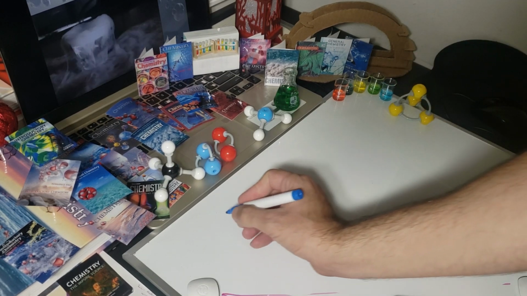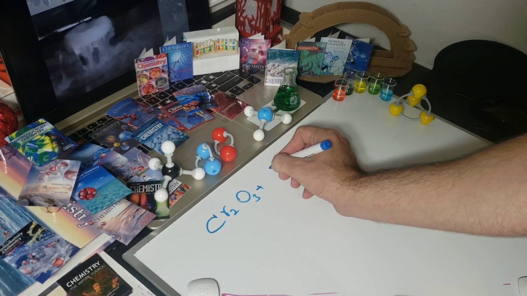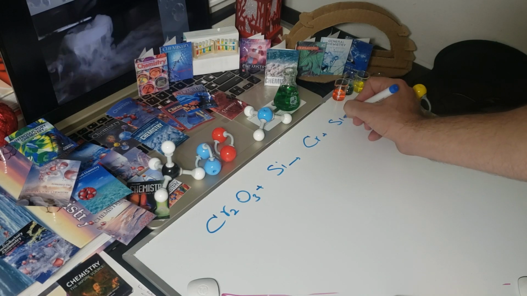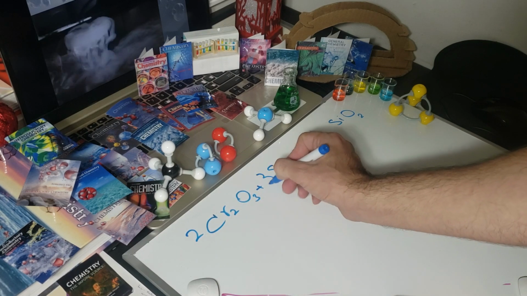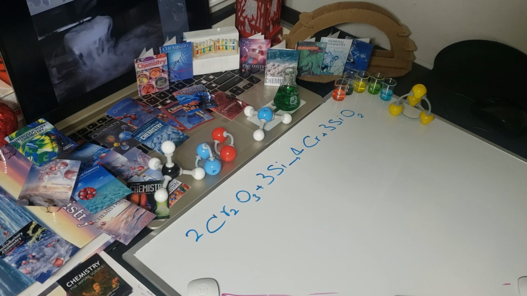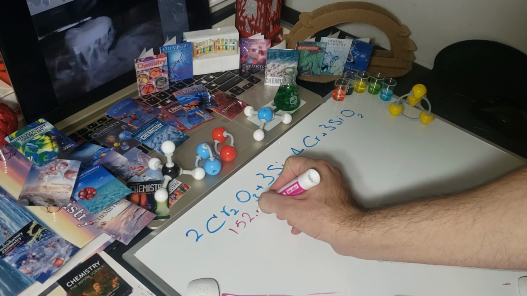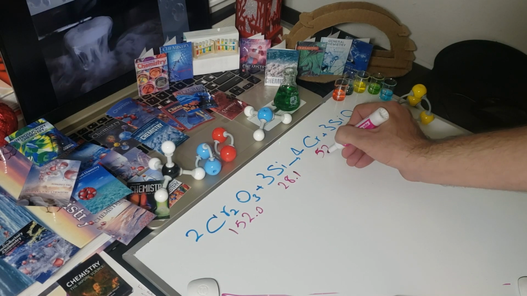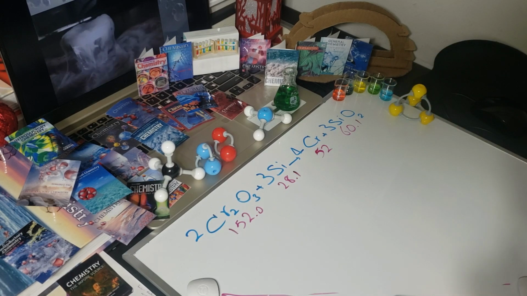Let's go for this reaction: Cr2O3 plus Si, giving you Cr and SiO2. The balanced form is 2, 3, 4, 3, and the molar masses are 152.0, 28.1, 52, and 60.1 for SiO2.